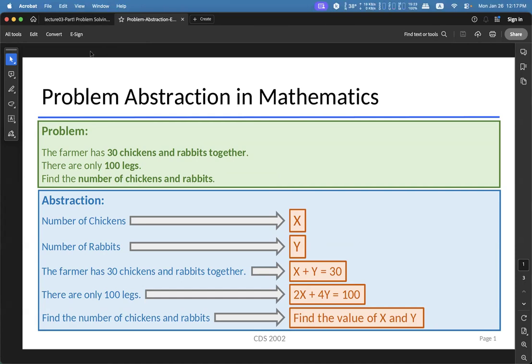Essentially this problem is giving you some configuration of the environment, and you, being the agent, need to figure out the numbers of chickens and rabbits that conform to the two conditions given.